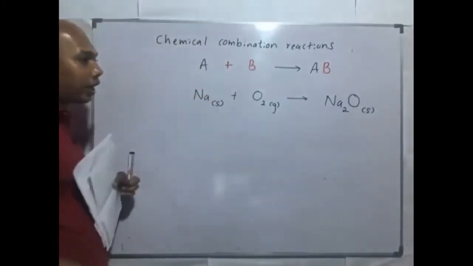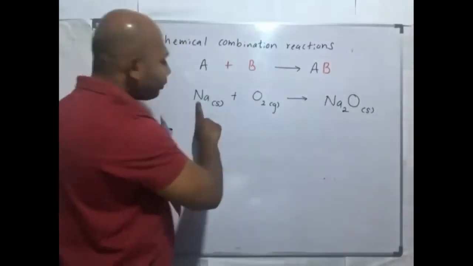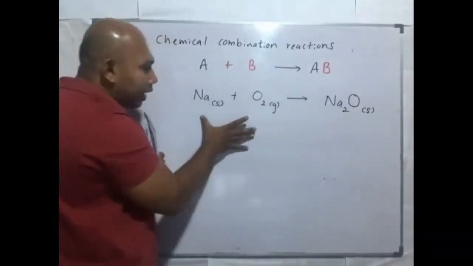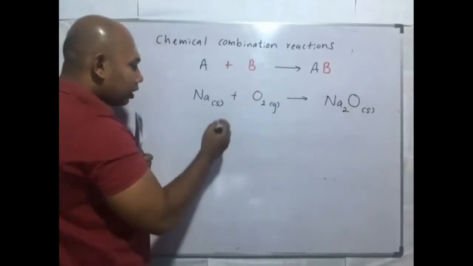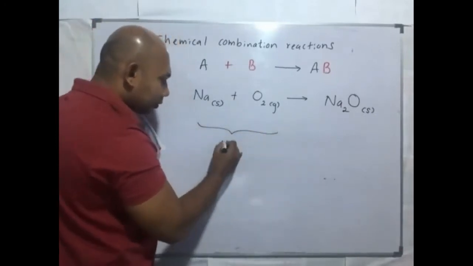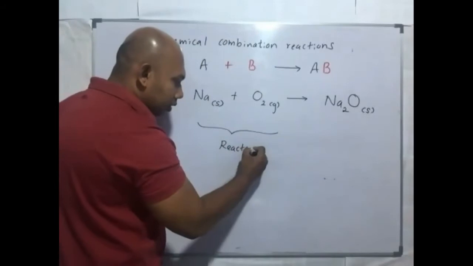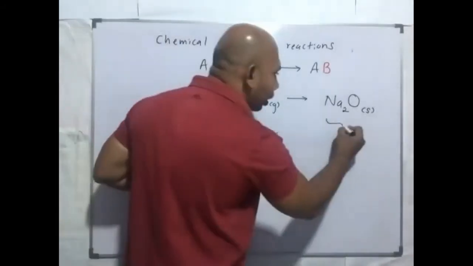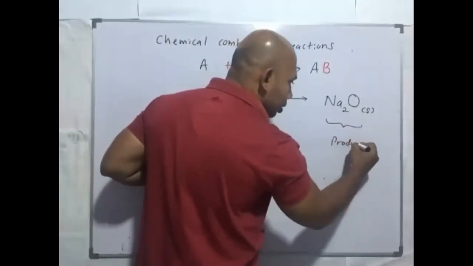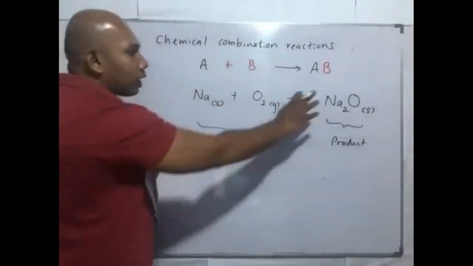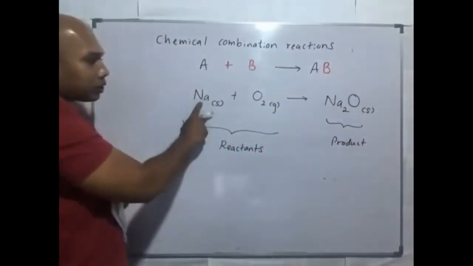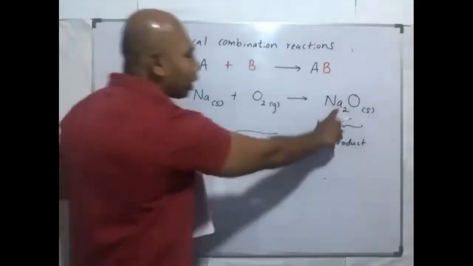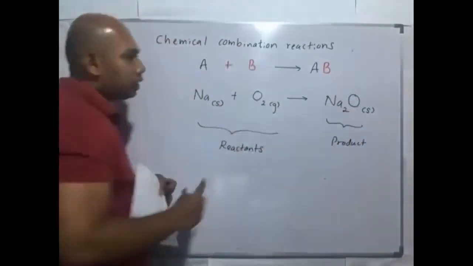Reason, if you count the number of atoms, this is the reactant side and this is called the product side. Reactant side 2 sodium, 1 sodium, right? Product side 1 oxygen, 2 oxygen.